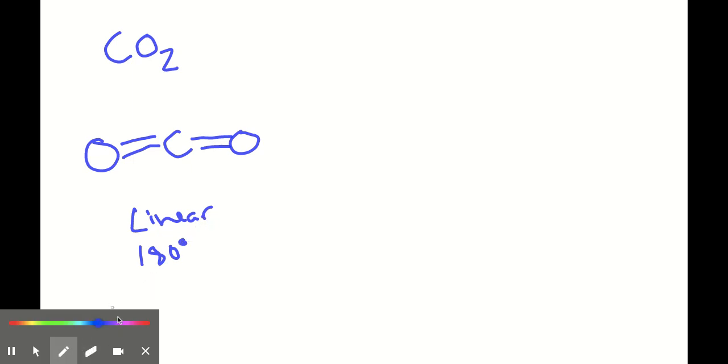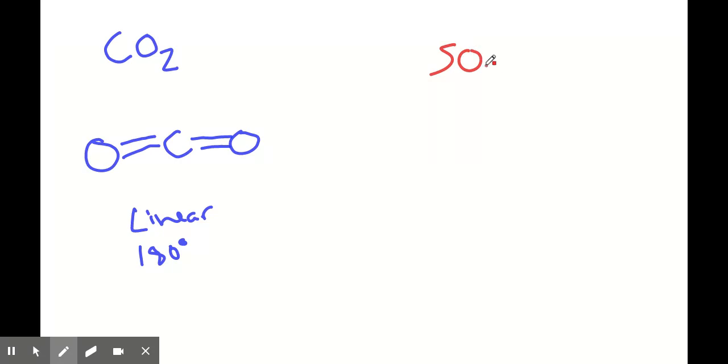So then if I came over here to change my color for this one, let's say we do sulfur. We'll do this one. Okay, so we have 1 sulfur and 2 oxygens. So if I have my sulfur in the center and then my oxygens on either side of that, we know that all 3 of these have 6 valence electrons.